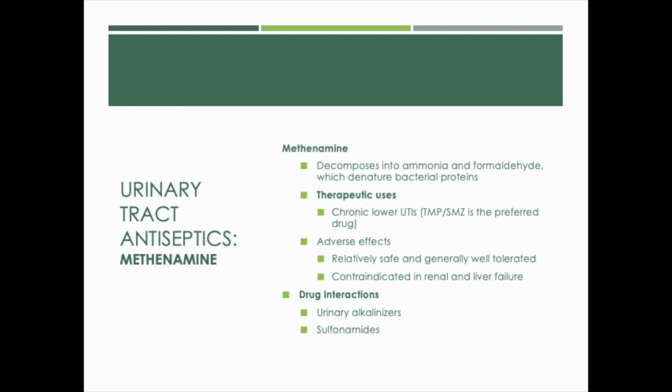Methenamine is not active against upper urinary tract infections because there's not sufficient time for formaldehyde to form for the drug to work. And methenamine is not successful in preventing catheter-associated urinary tract infections.